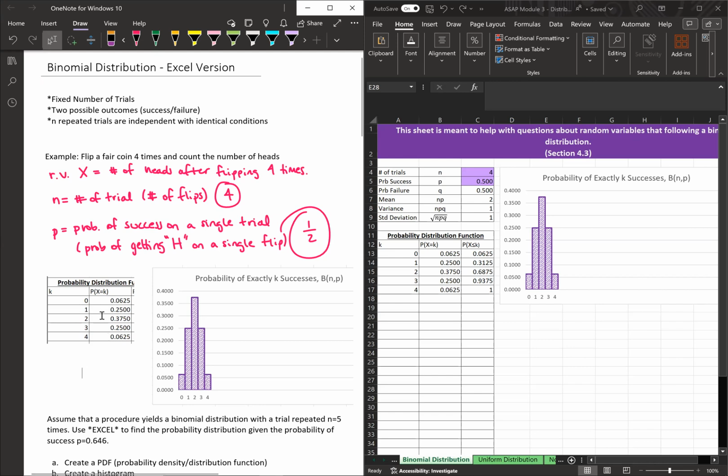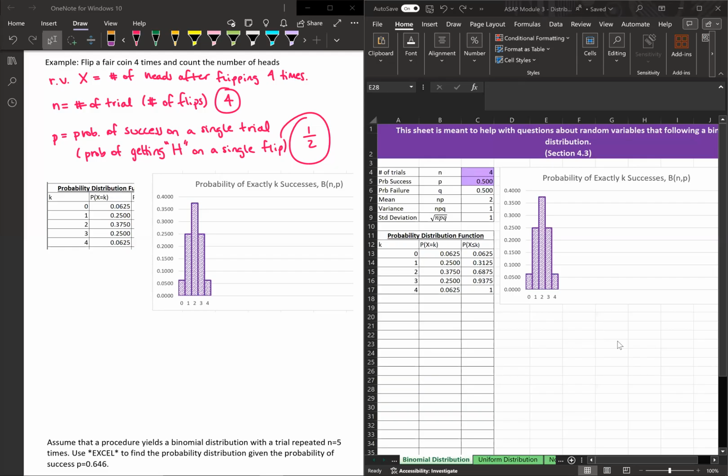So aside from the probability distribution, all of the probabilities 0 through 4 as we computed yesterday by hand, and aside from the histogram that is a result of the probability distribution, what else is on here?